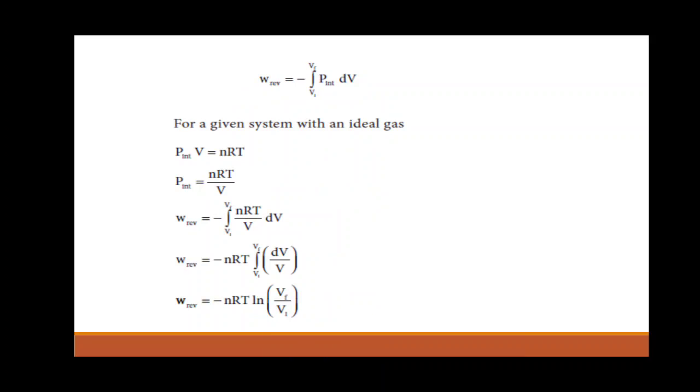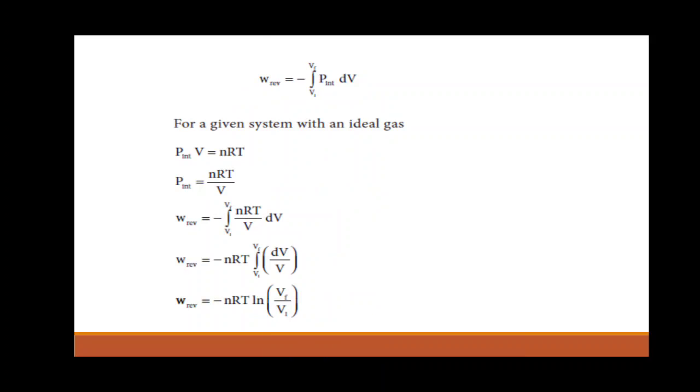So we can get it. Reversible work equal to minus integral Vi Vf limit applied. In the place of P, just substitute nRT by V dV. The nRT by V take as a common.